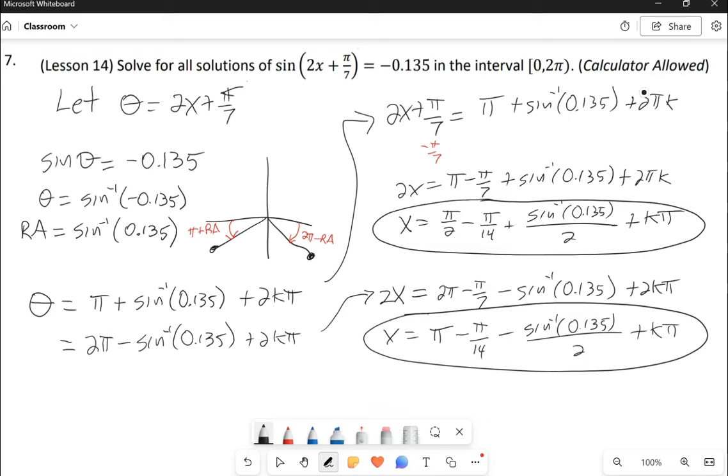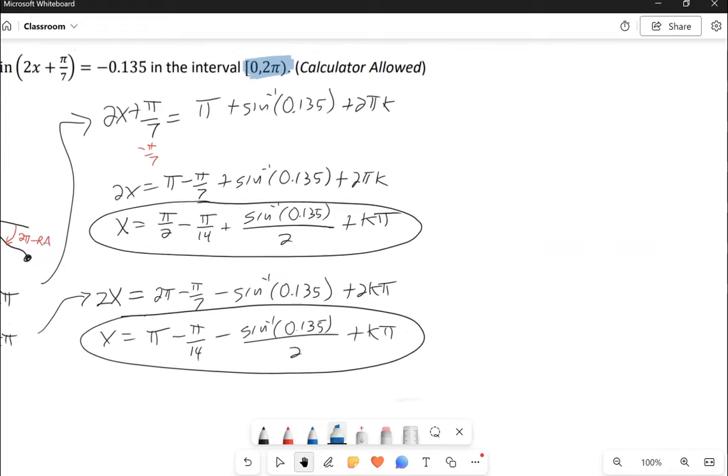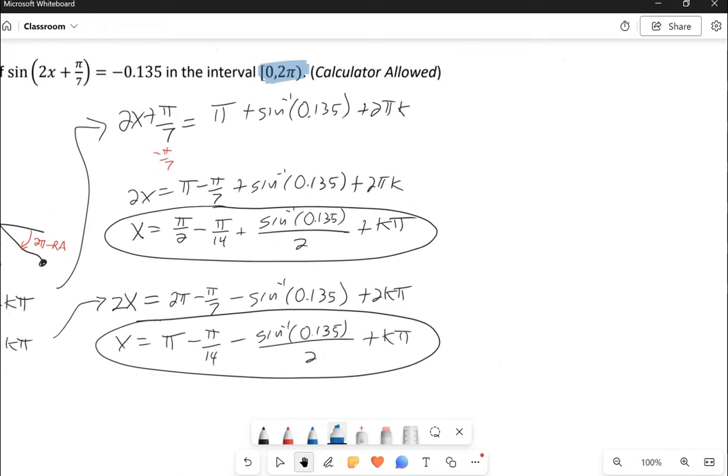Now we're not looking for all of them, we're looking for only the answers between 0 and 2 pi. So now if I let k equal, I don't know, 0, 1, 2, maybe negative 1, get an idea of what these solutions look like so we know which answers are the final answers that we're looking for.